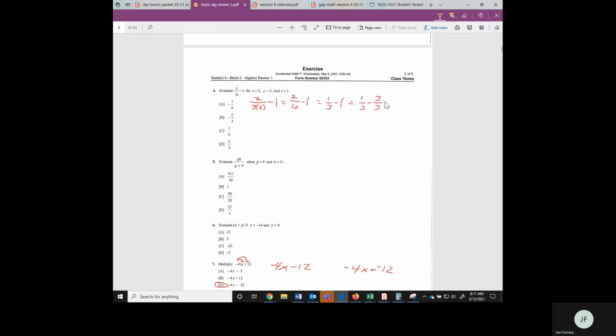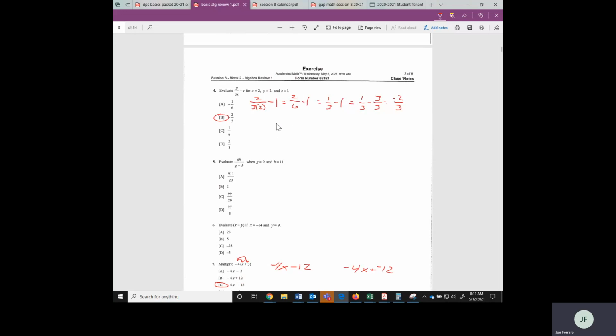This unit isn't on fractions, so if this isn't making sense, I'll show you the other way. Now, if you did this subtraction, 3 would stay on the bottom. On the top, you'd have 1 minus 3, which is -2. And this would give you -2/3.